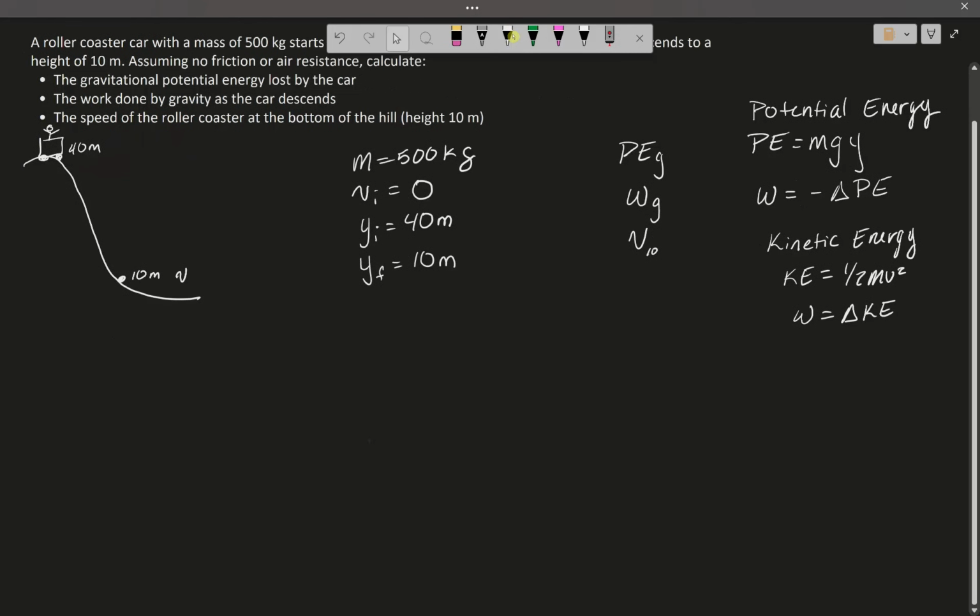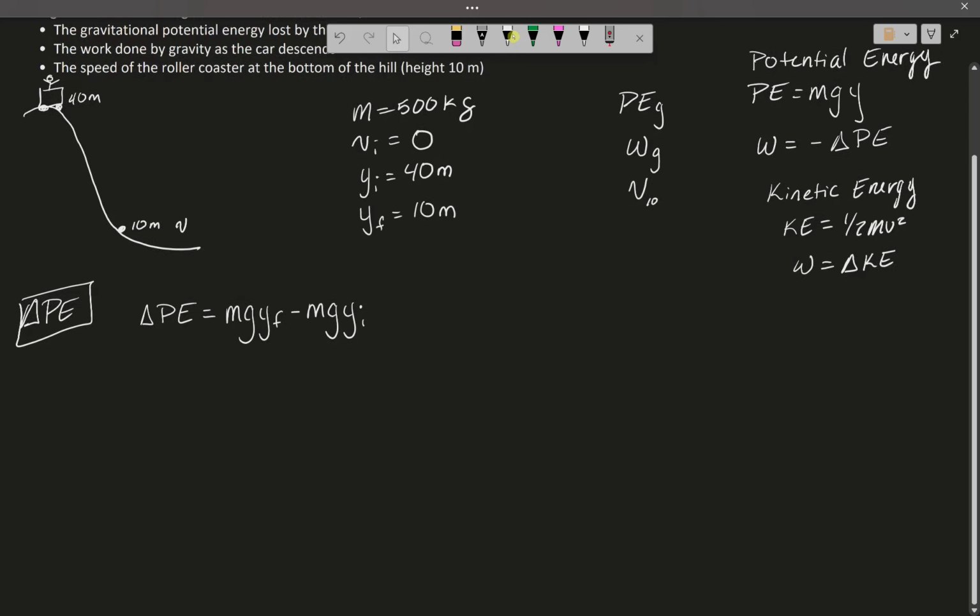So the first thing that I want to solve for is the change in potential energy of this car as it goes down the roller coaster. So my change in potential energy is going to be mgy final minus mgy initial.